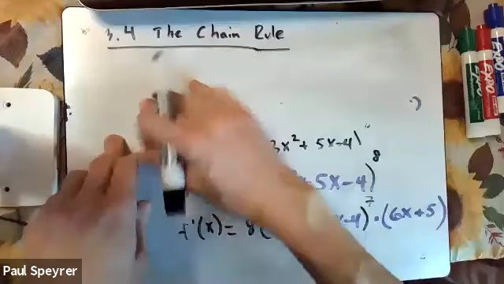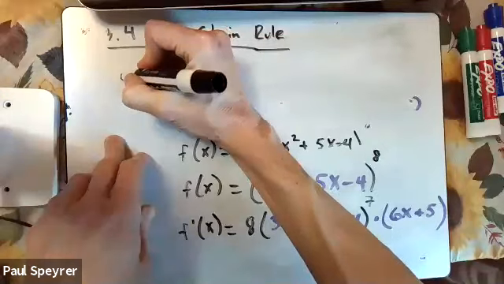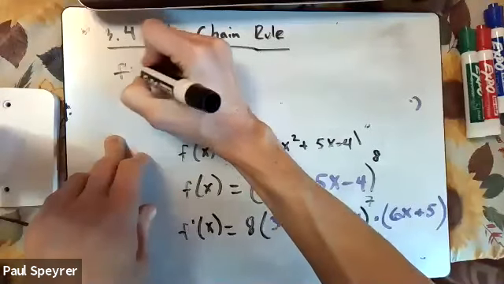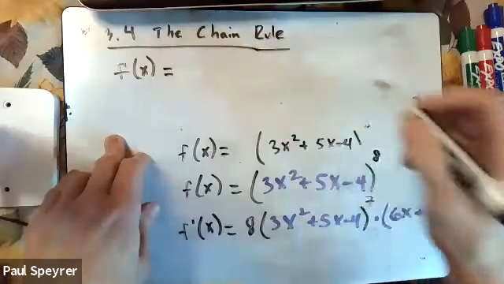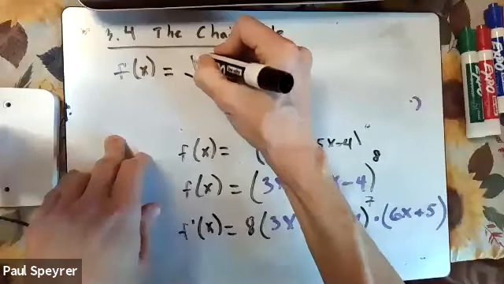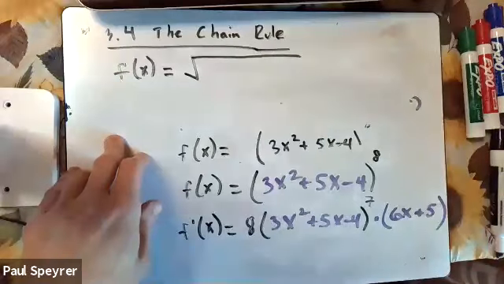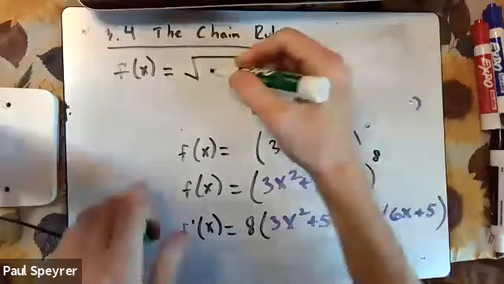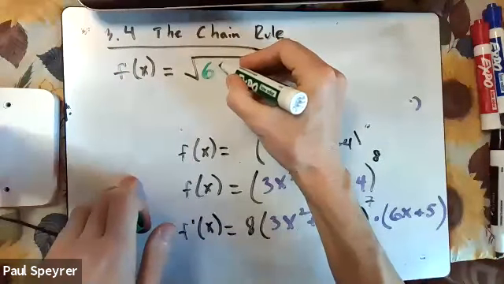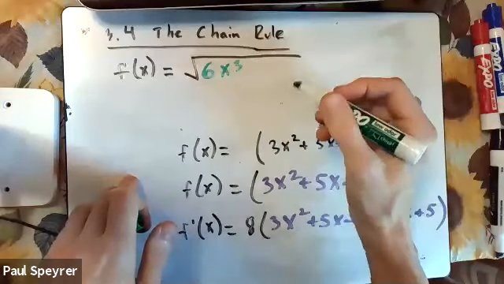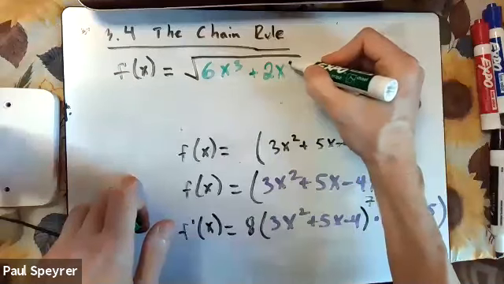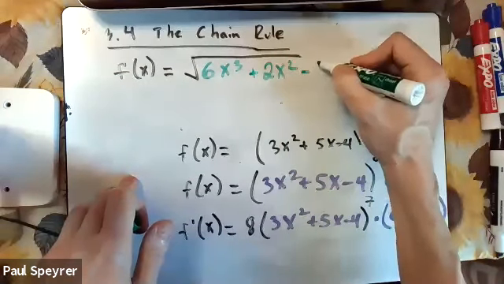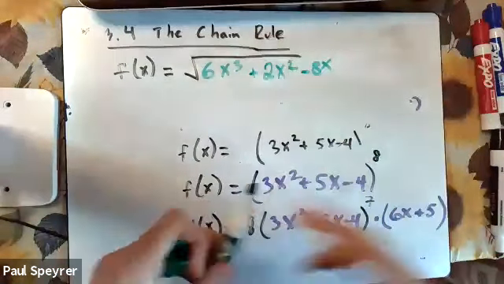All right, what if we had something like this? f of x equals the square root of 6x cubed plus 2x squared minus 8x.